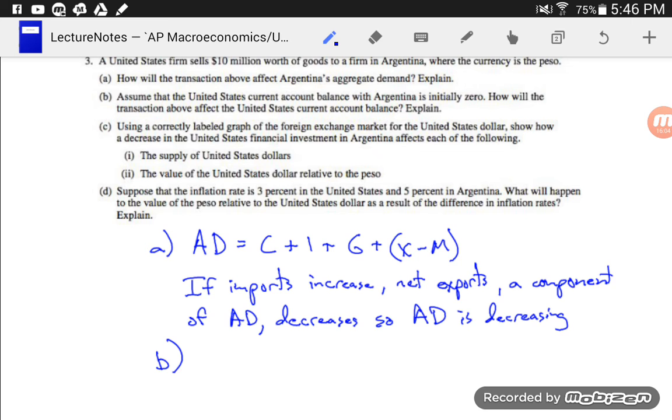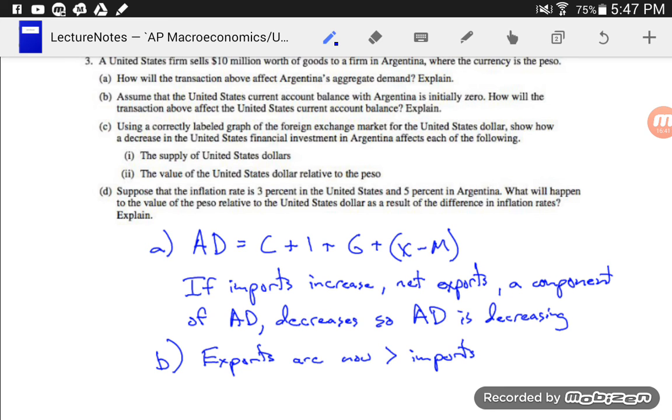Well, if the exports are now greater than imports, I'll just write it like exports are greater than imports. So there's more transactions in the current account there, which is exports and imports. There's more stuff that's happening in U.S. dollars that are being purchased in U.S. dollars than are being bought in other currencies.